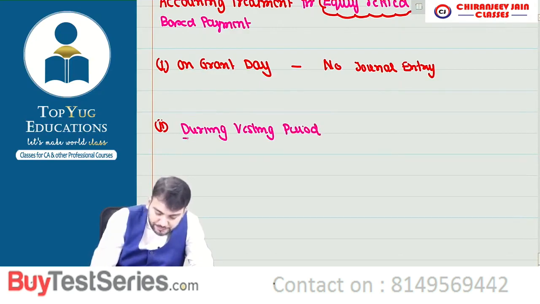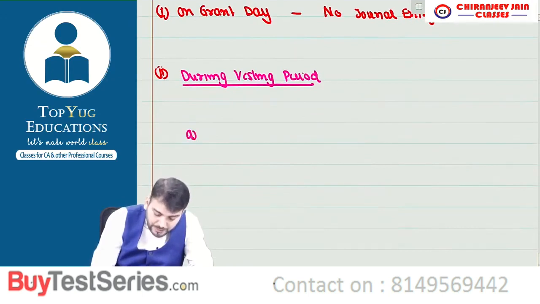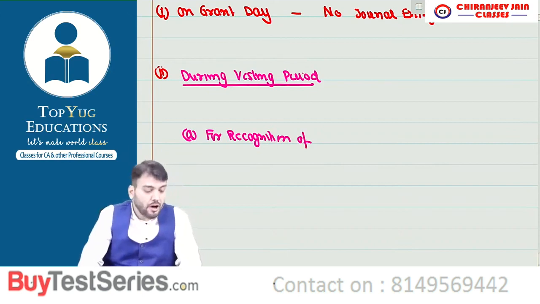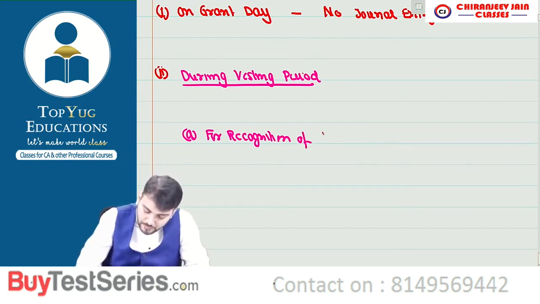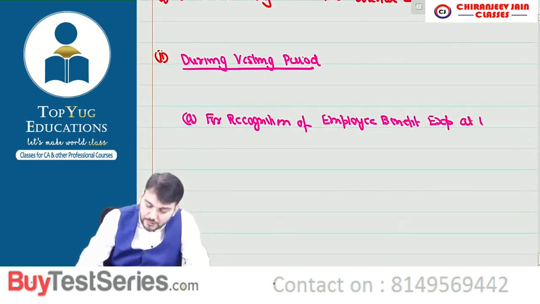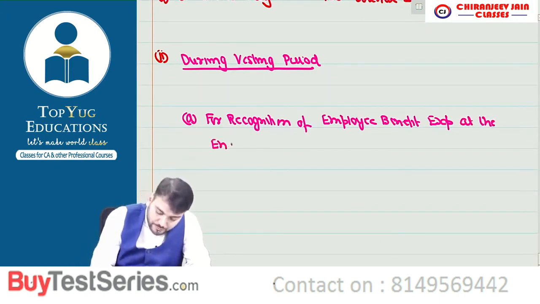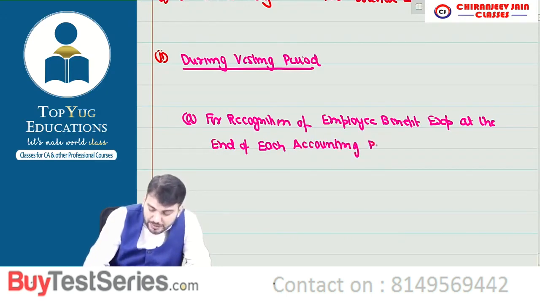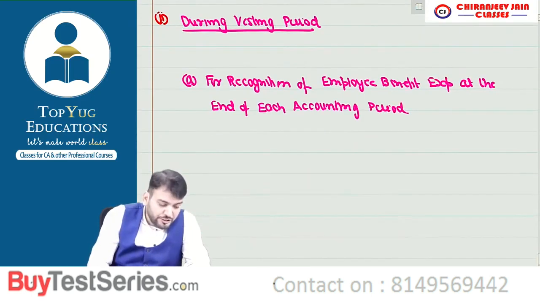Point A, for recognition of employee benefit expense at the end of each accounting period.